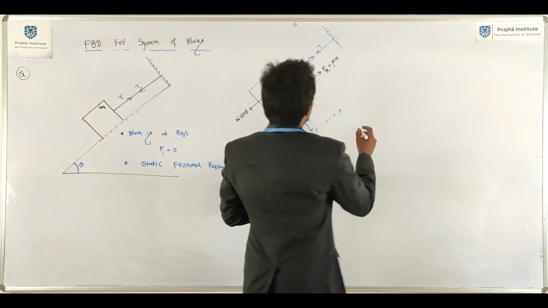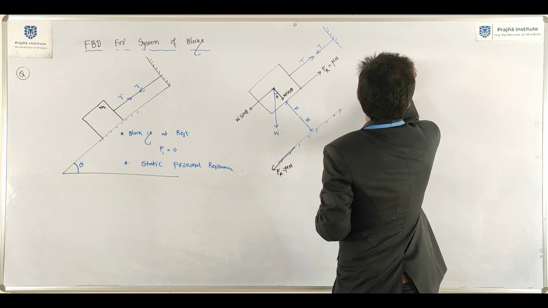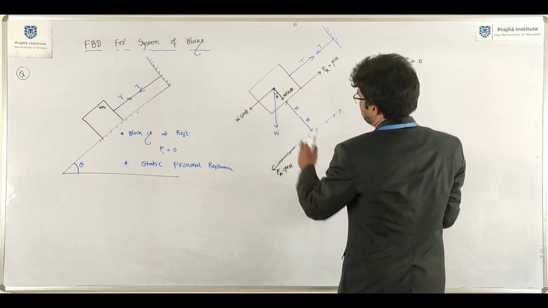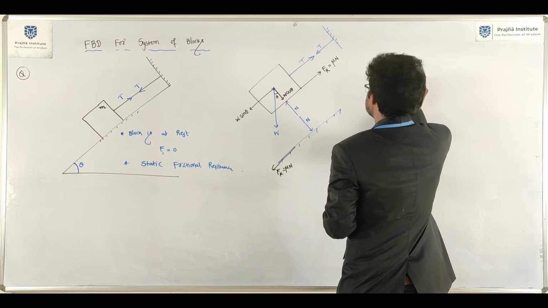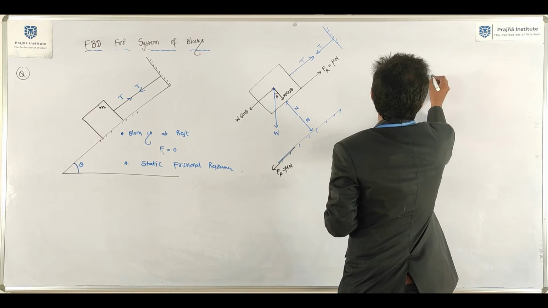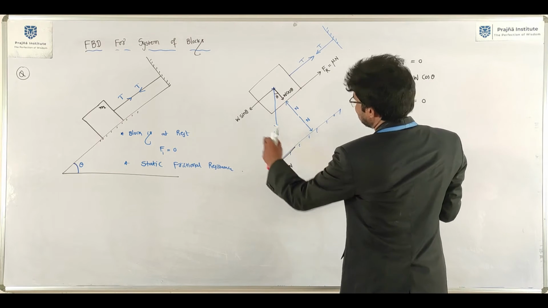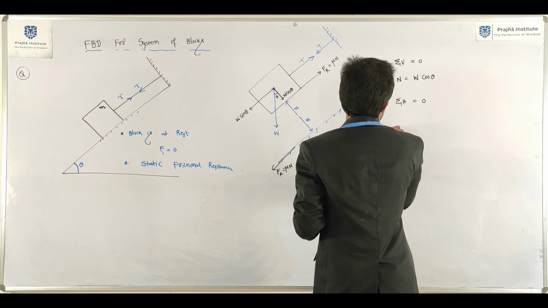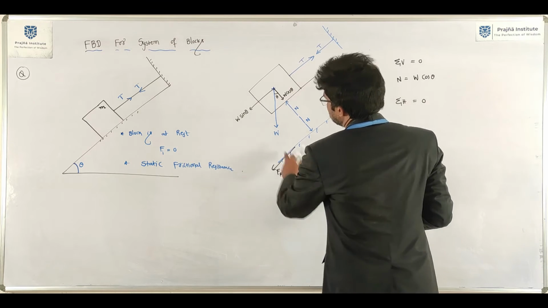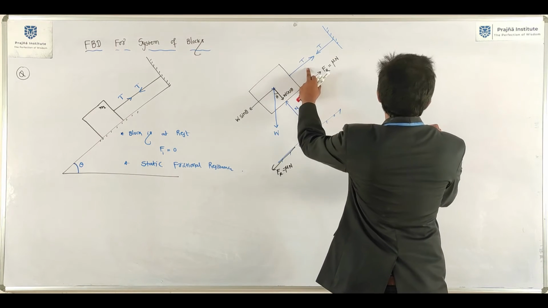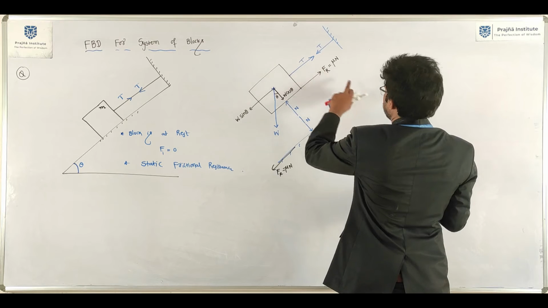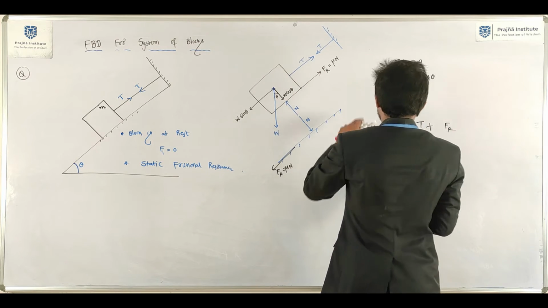Now we can apply the equilibrium equations. Sigma V equals 0: here N equals W cos theta. Then sigma H equals 0: here W sin theta equals tension T plus frictional resistance.